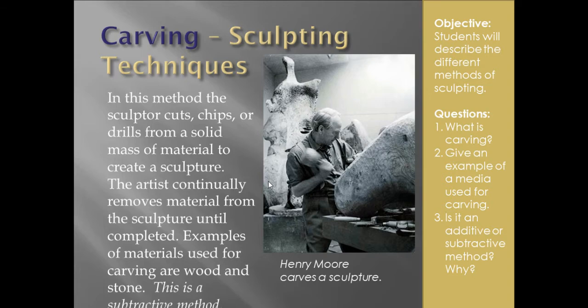When we looked at the Pieta sculpture from before, that was clearly also sculpted from a larger piece of marble. The artist continually removes material from the sculpture until it's completed. Examples of materials used for carving could be wood and stone, and please note that this would be a subtractive method.